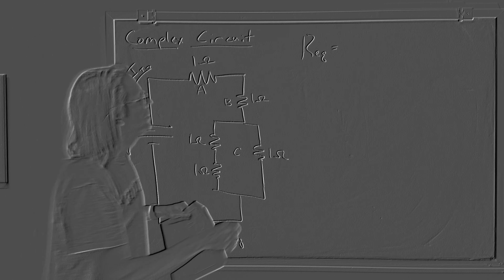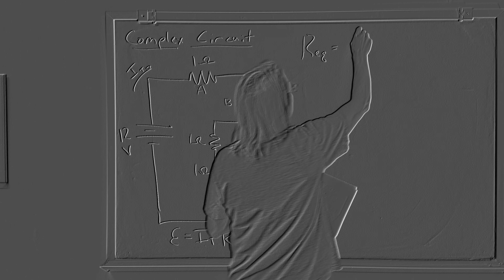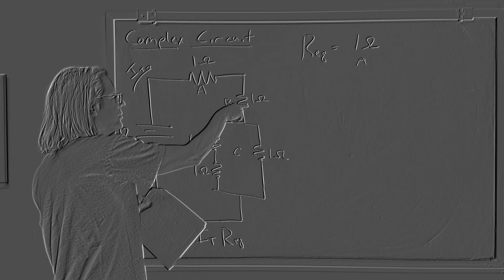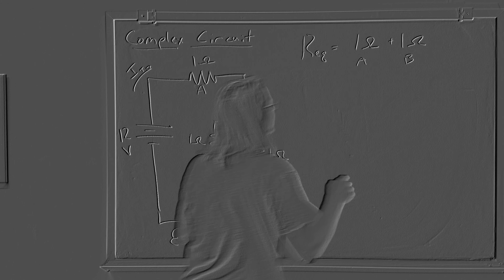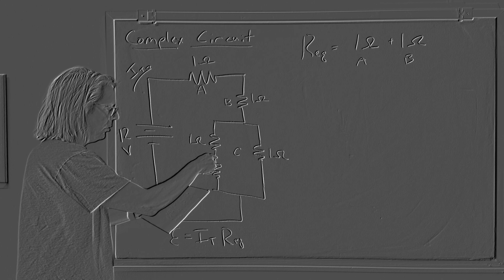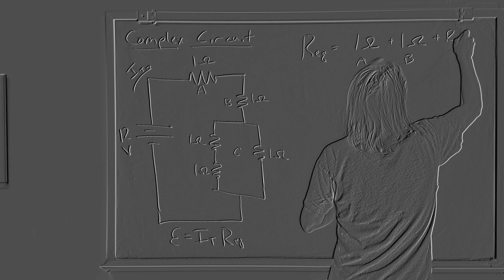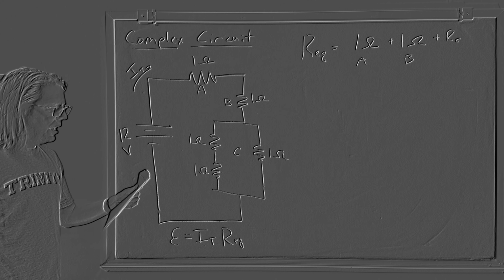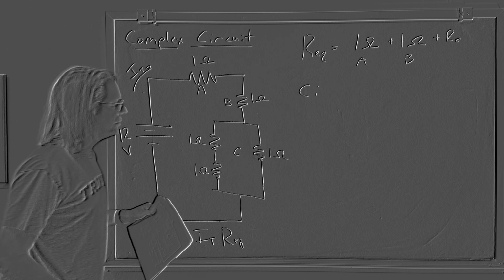So if you think of it that way, you could say then the equivalent resistance is 1 ohm, that represents A, plus 1 ohm, that represents B, plus whatever this is, RC. Whatever that branch equivalent resistance is. And now we can think about the branch, like what is it really?